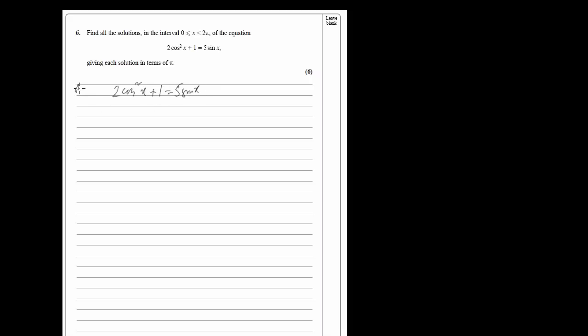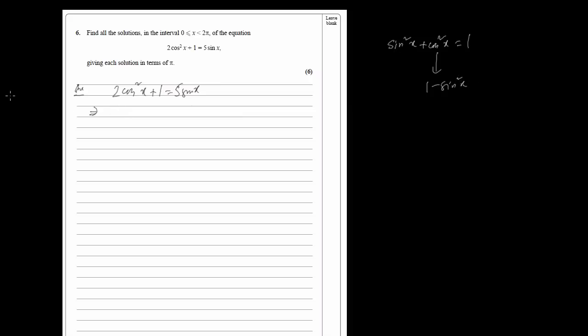sin x. In order to do this, we have to make sure the entire sum is only in one identity. So for cos squared, by using the basic trigonometric identity that sin squared x plus cos squared x equals 1, we can write cos squared x is 1 minus sin squared x. We can also write sin squared x is 1 minus cos squared x.